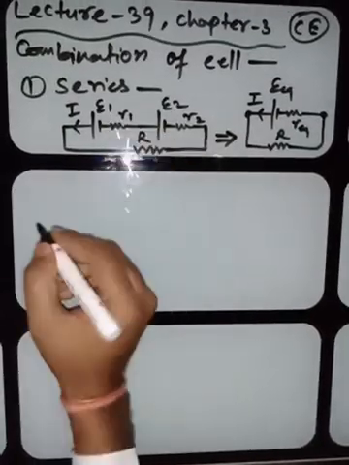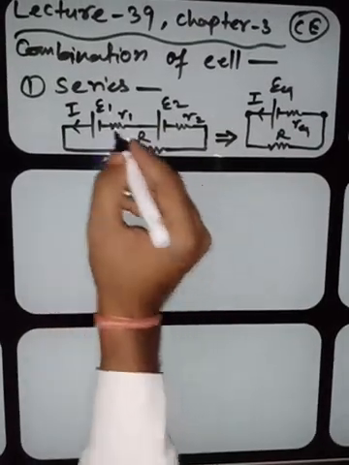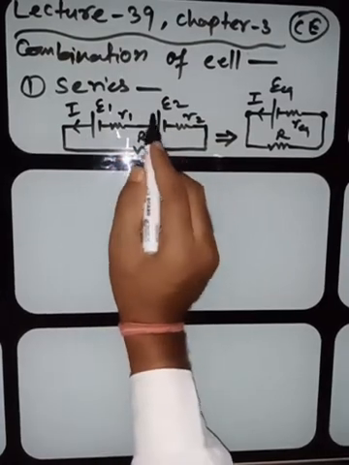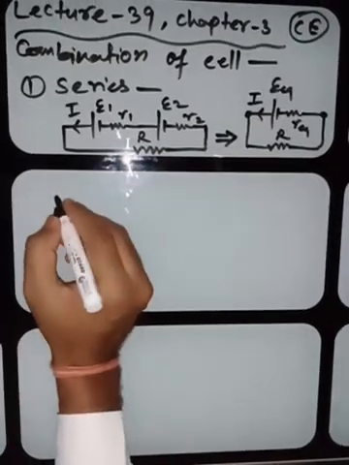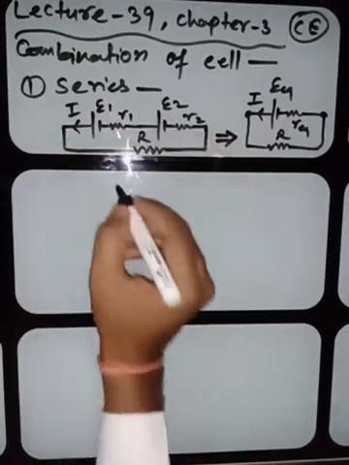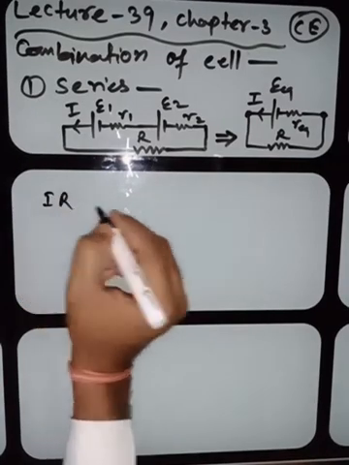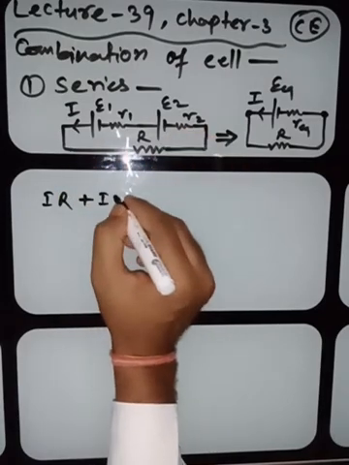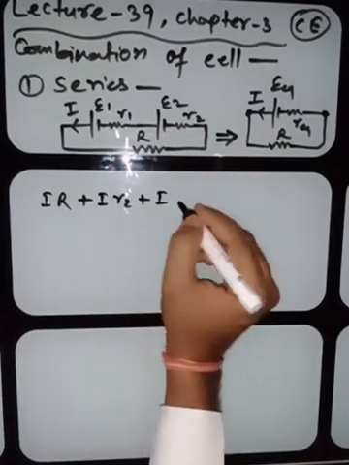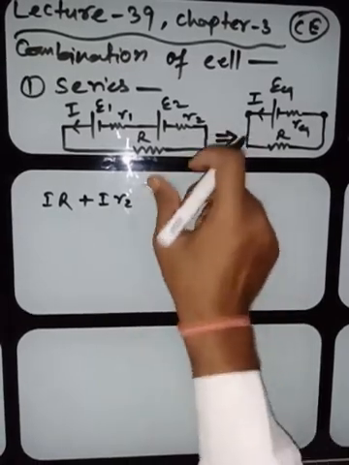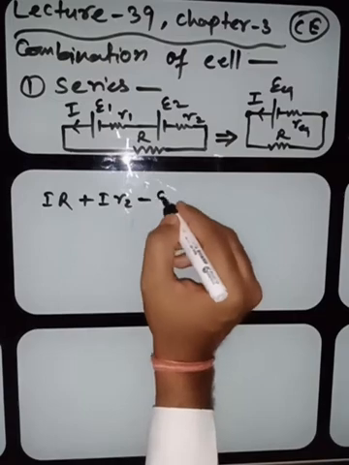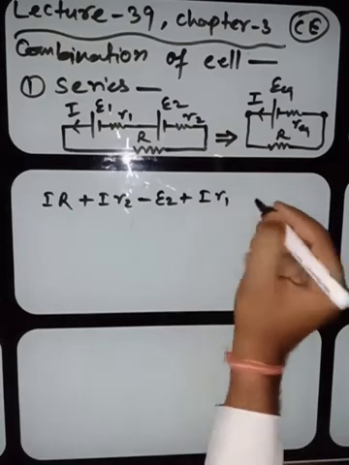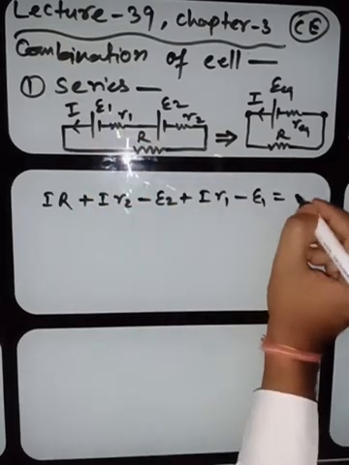Now we can write, my dear student, the voltage across this entire network using Kirchhoff's law: I R in the direction of flowing of current, plus I R2, next we meet the cell, so minus E2, plus I R1 minus E1 is equal to 0.